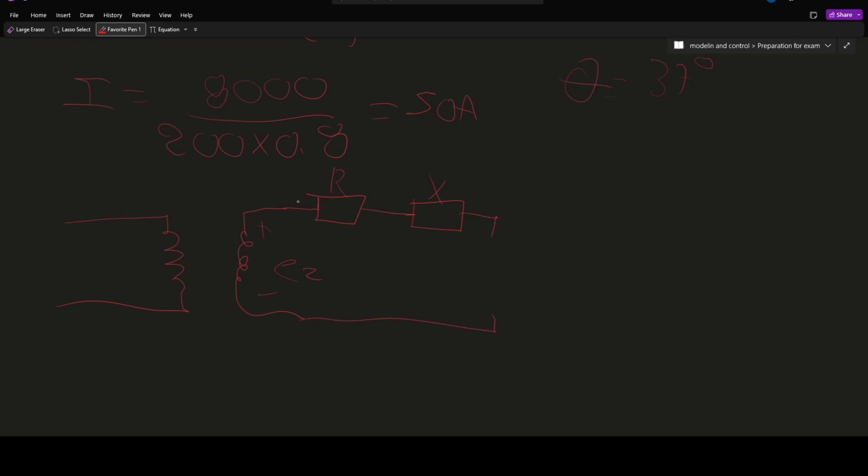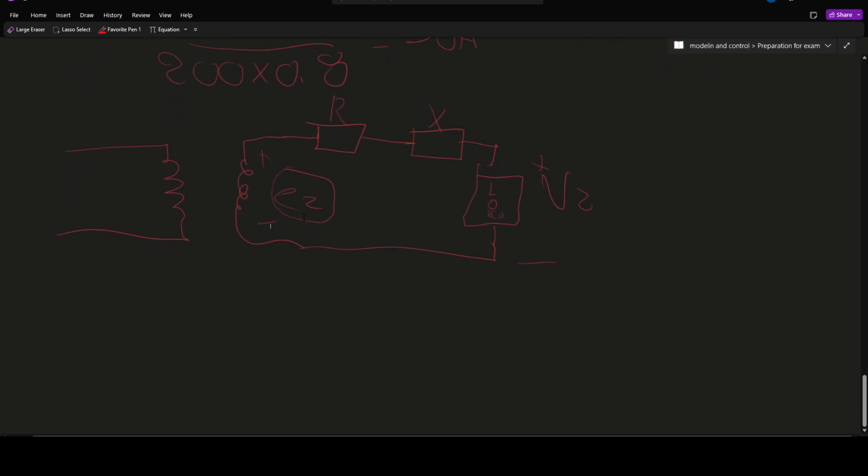And here we have the load. Over here we have our voltage in the secondary. They're asking us for this induced EMF.